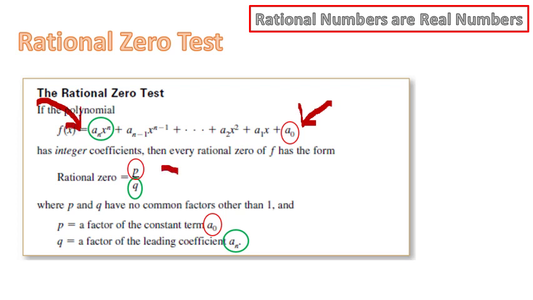So notice we take the factors of the constant term that's in the back and we divide it by the factors of the leading coefficient term. Remember that leading coefficient term is the one here up front. That ratio gives us a real number solution. And there's a whole number of them depending on the value of the constant and the value of the leading coefficient.